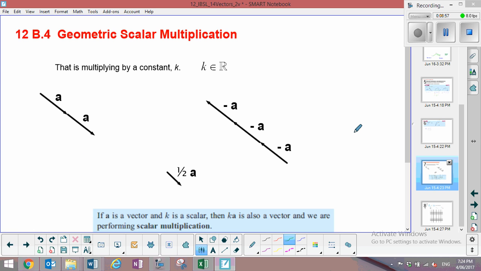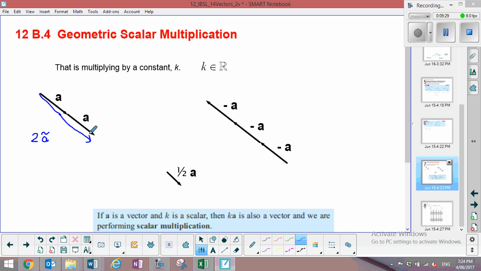The next section, 12B4, is on geometric scalar multiplication. In other words, if we want to multiply by a constant. So if we have two vectors that are the same, so here's vector A, we're going this distance, and then this distance again, it's like doing that twice. So when we write 2A, it means double the length, same direction.